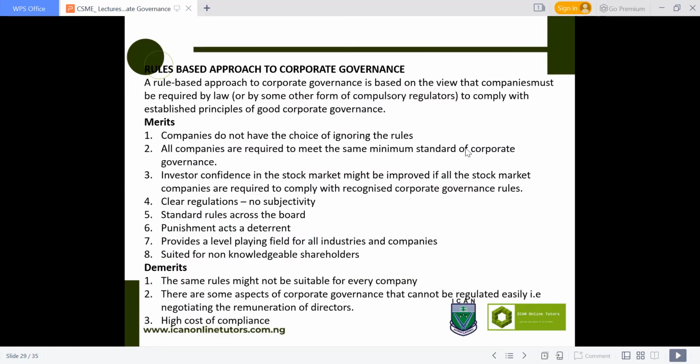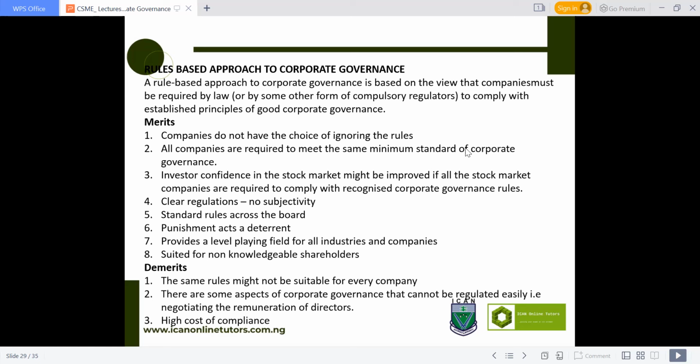So what is the rule-based approach to corporate governance? A rule-based approach to corporate governance is based on the view that companies must be required by law or by some other form of compulsory regulation to comply with established principles of good corporate governance. Whether you are small or large, everybody is expected to follow it.